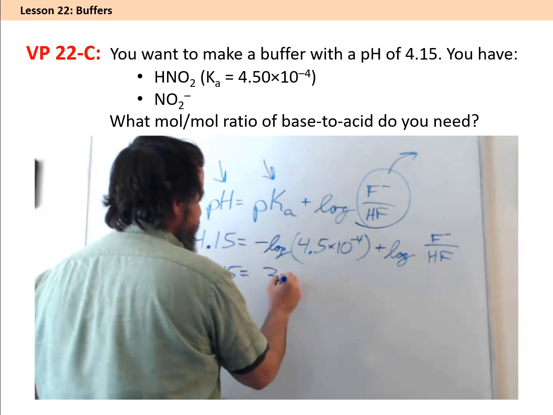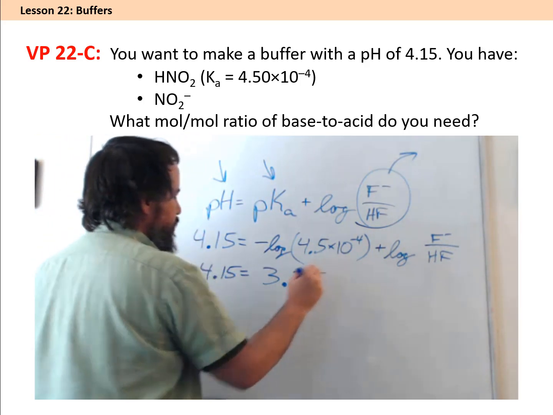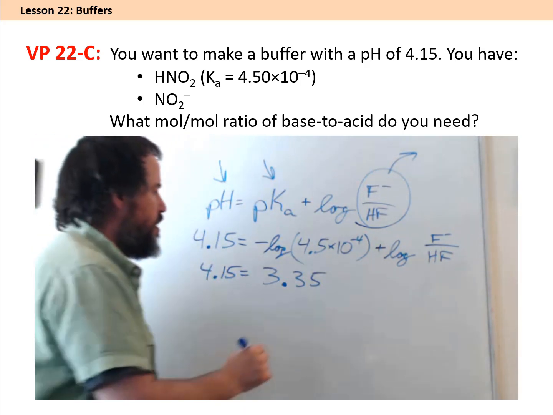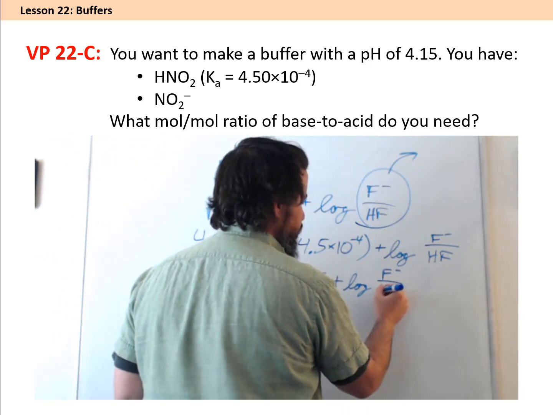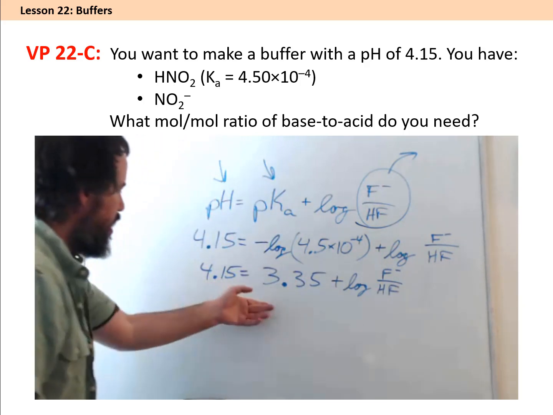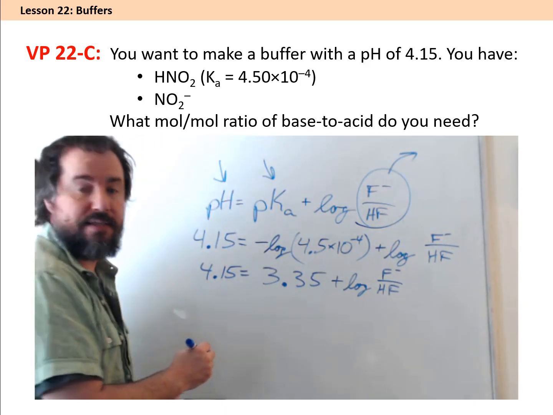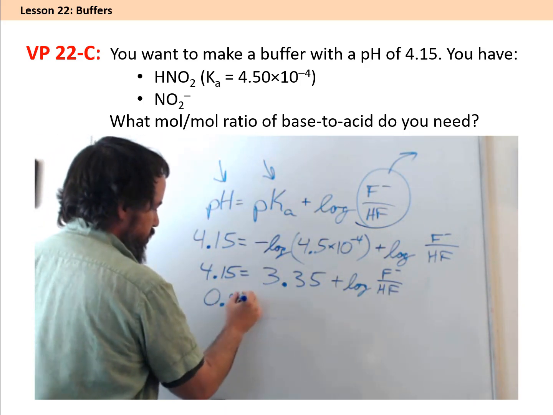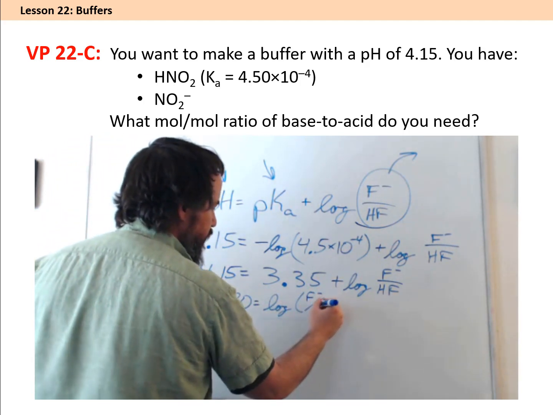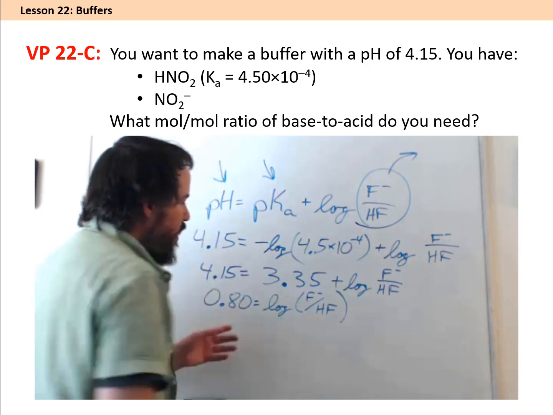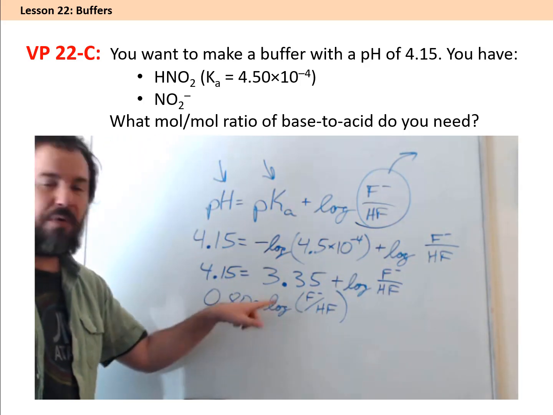Okay, so we're going to have to rearrange this. Let's go ahead and plug stuff in. So 4.15 equals 3.35 plus log of F minus over HF. Okay. This gets me 0.80 equals log F minus over HF. All right, we want to know this. We don't want to know the log of it.